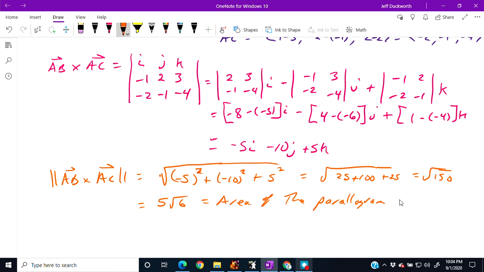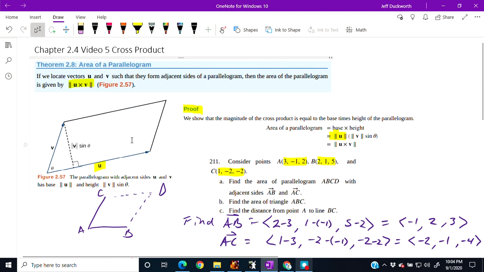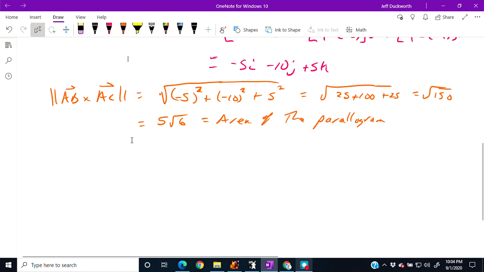And what do we need next? The next thing we need is to find the area of the triangle ABC. That shouldn't be bad at all. So first of all, remember, that's A, that's B, that's C. We're looking for the area of this triangle. Well, the area of our parallelogram is that 5 root 6.